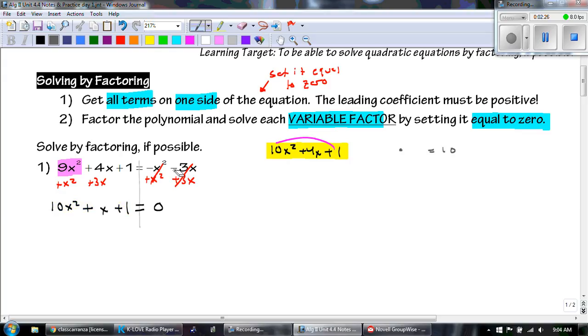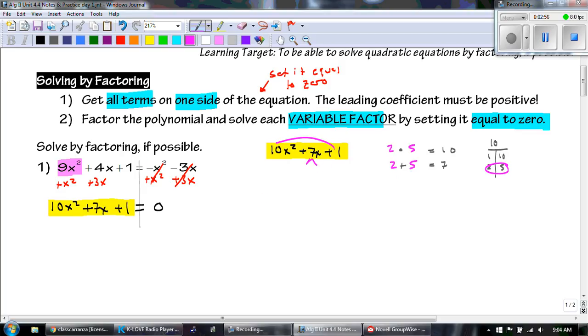Something is wrong with this, guys. Are you yelling at me because I can't add? It's not 4. 4 plus 3 is 7. I knew something looked weird. So numbers that multiply to get 10 and add to get 7. If you don't know it off the top of your head, you should be writing down the factors. And the combination is 2 and 5.